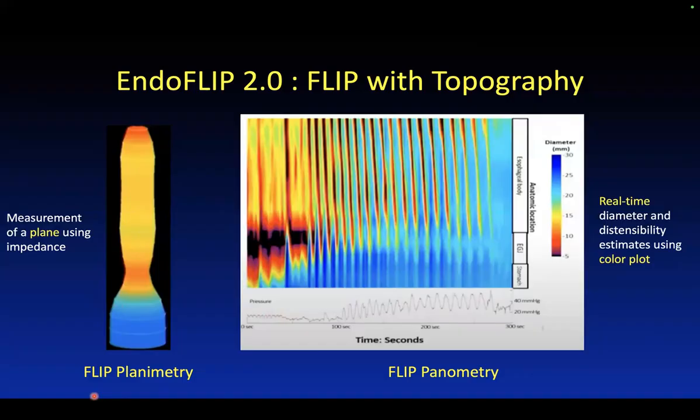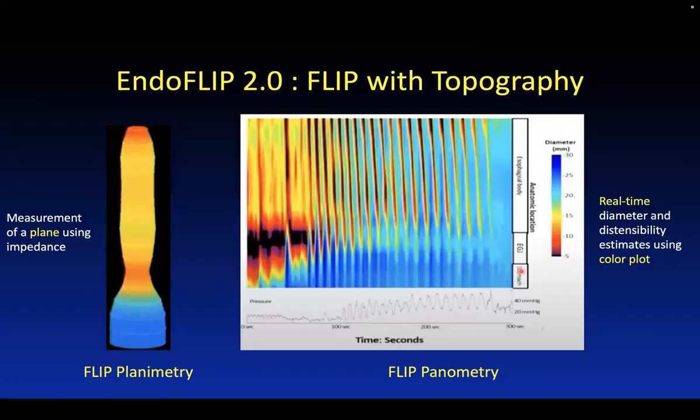Okay. But now with the FLIP 2.0 software, you also have something called FLIP panometry. Okay, so FLIP panometry is a very dynamic kind of flow where not only the three-dimensional rendering, but you see the entire movements of the esophagus, or the contractility of the esophagus, from top to bottom on an entire chart like you do in a manometry. So it's a real-time diameter and distensibility estimate.